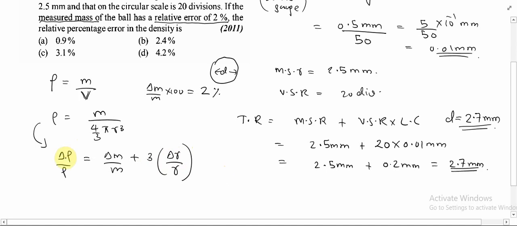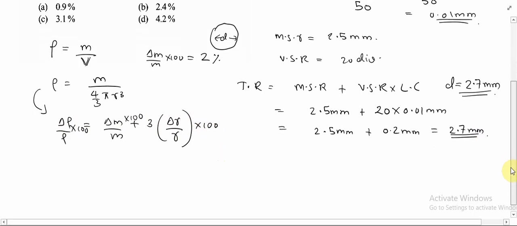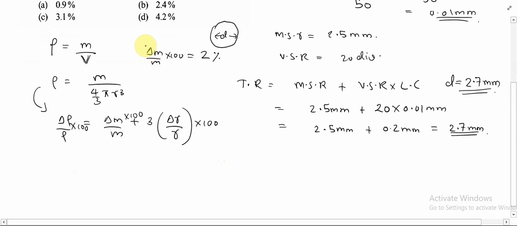Now I can multiply every term with 100, so the relative error becomes percentage error. Now I can substitute the value of delta m by m into 100, that is 2%. So this will be 2 plus 3 into, what is the error in radius or diameter? We know that radius is equal to diameter by 2, so the relative error in radius is the same as the relative error in diameter.